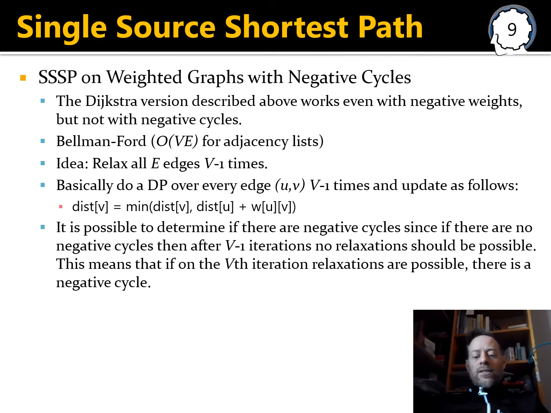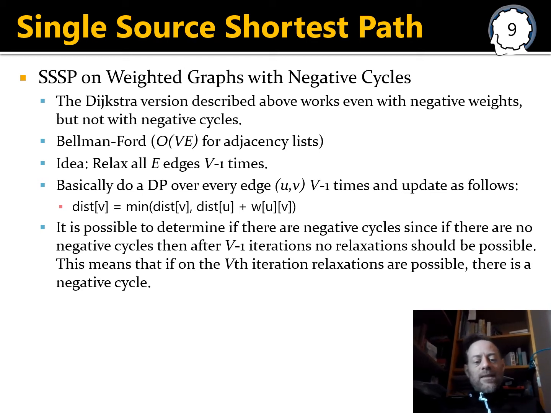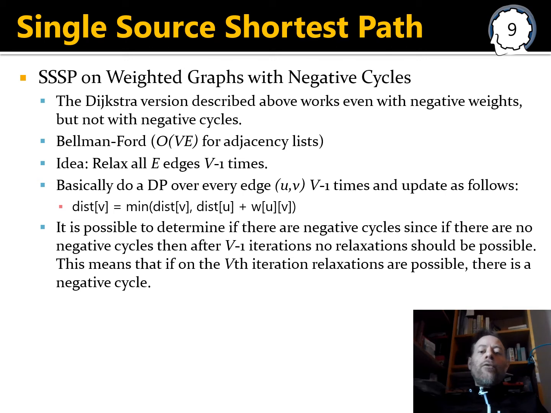So every time we go through this, we improve the quality of the distance estimates. After we have gone through this process V times, if it's still possible to make changes in the Vth iteration, there must be a negative cycle. So then you know that.